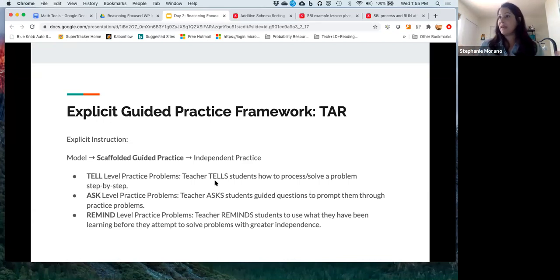And then once we get proficiency there, we fade to remind level prompts where we basically are just saying, okay, remember what we just did, and you're going to do some practice problems more independently now, but we're still monitoring. It's not independent practice, it's still guided practice, because we're still monitoring really closely and troubleshooting.